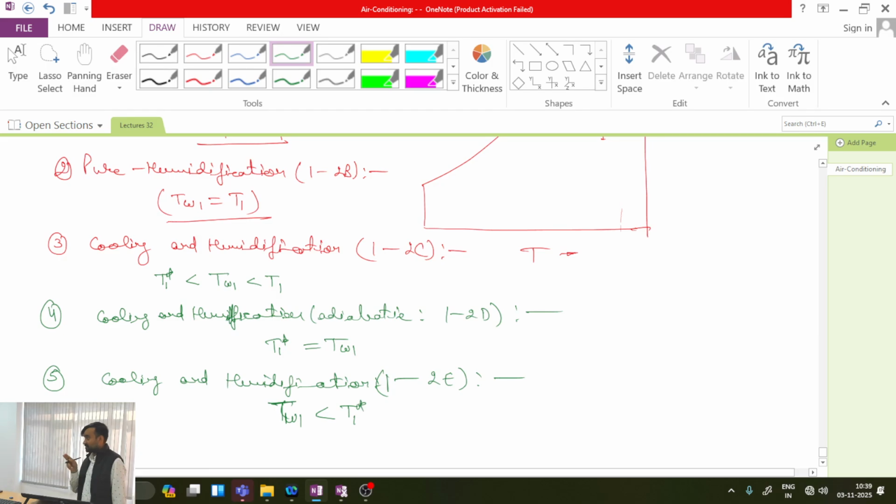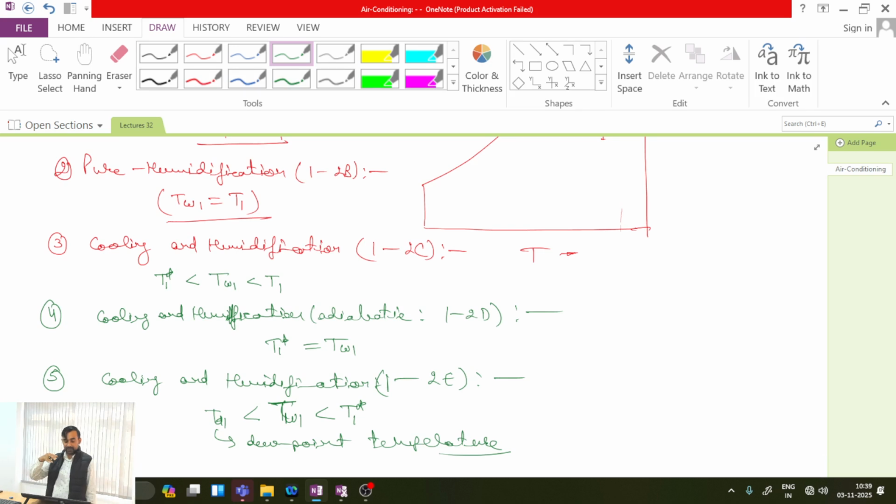It means it is less than the wet bulb temperature, but it is more than TD1. What is D? Dew point temperature. Clear? It means my temperature is less than wet bulb but greater than dew point.